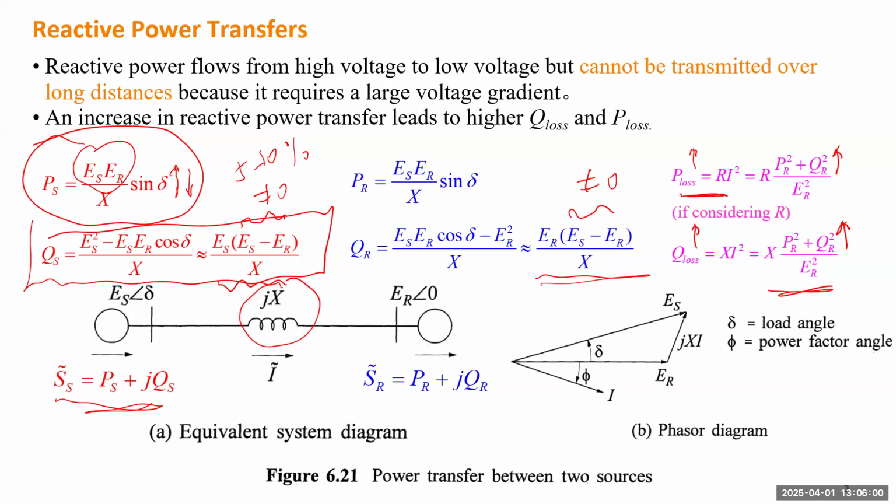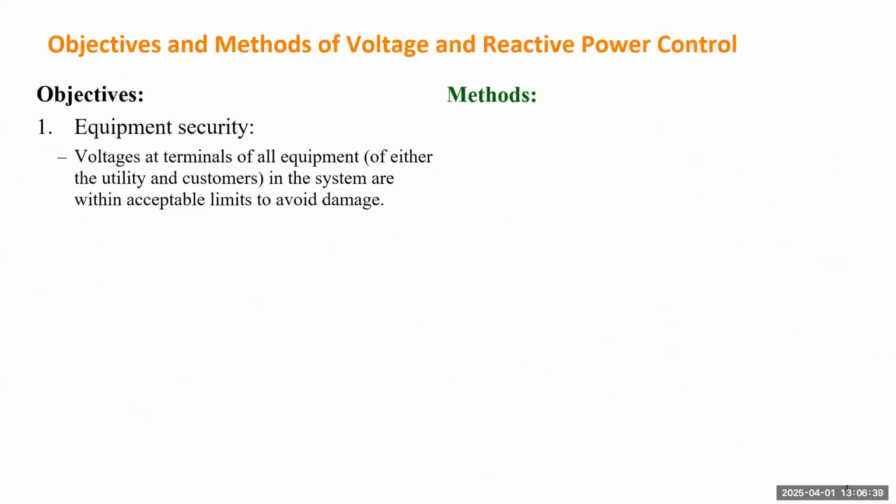So if in the power system you have a short circuit that lasts for a long time, making voltage close to zero, the active power cannot be delivered beyond that point. Because when you get to that point, this term will be close to zero. So it's like you create either a wall or some black hole, so that the power cannot pass that point. So if you can make sure voltage everywhere stays at about 100% of its expected value, you can safely deliver active power to any location. So that's the secondary objective of voltage control.